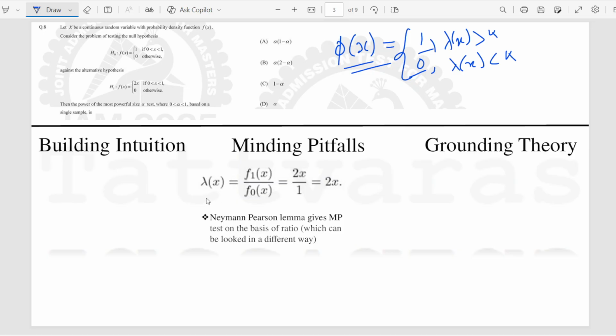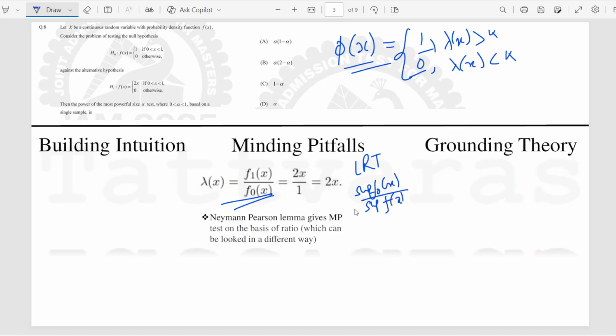That's where you can maybe go wrong, that you end up taking the opposite, which is the reciprocal of this, f naught x divided by f1x. So that's something to be mindful of. Generally, it's confusing because in Neyman Pearson lemma it's like this, but in likelihood ratio test, LRT tests, the structure is something like the supremum of the joint PDF under null in the numerator, and the denominator is the supremum under the entire unrestricted domain.